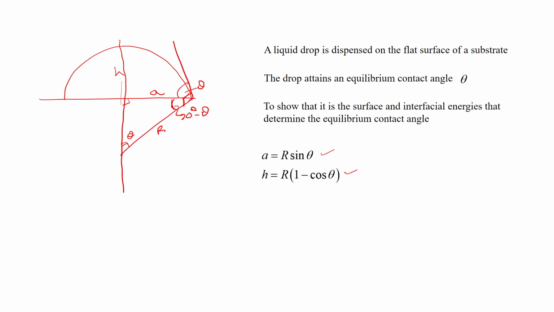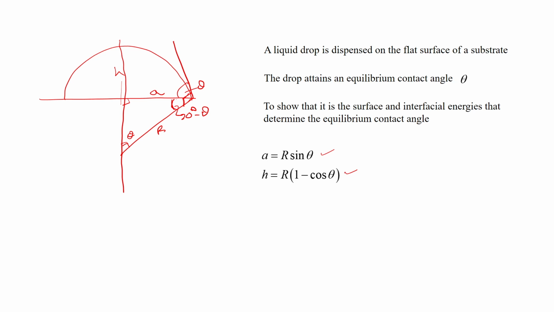In essence, here also we would like to find the total surface energy of this liquid drop. So, we have to have the idea of this spherical cap and what its surface area is. We have to remember that this liquid drop attains this equilibrium contact angle under the constraint that its volume remains constant.